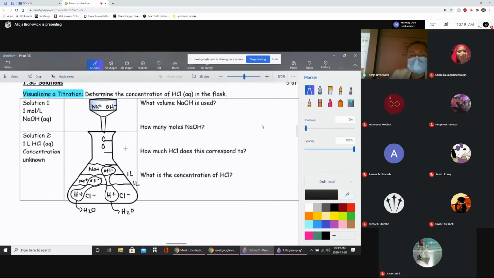So when I drip in 2 liters of sodium hydroxide, I've completely neutralized my acid. No more H pluses means I'm neutral.